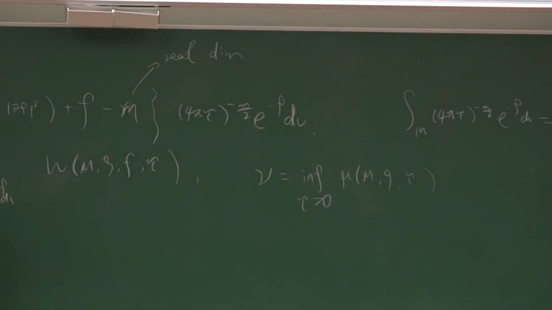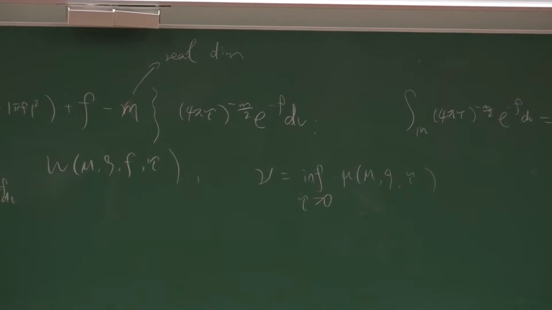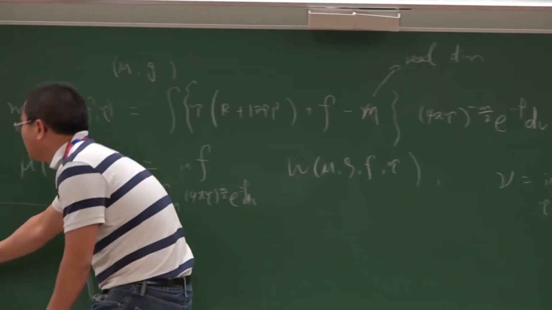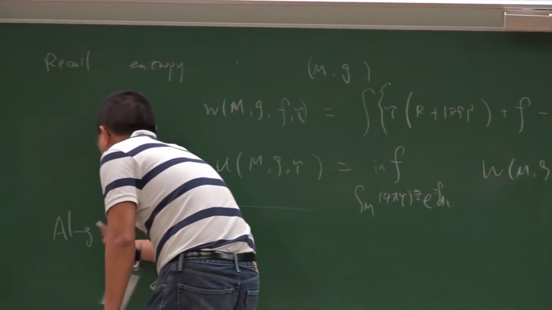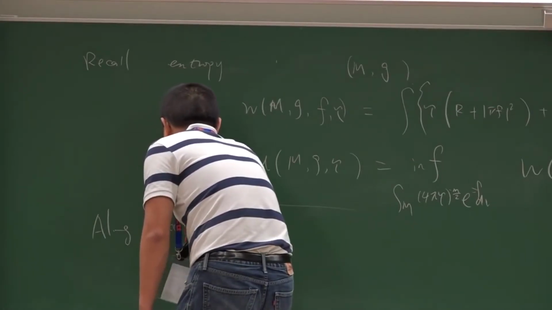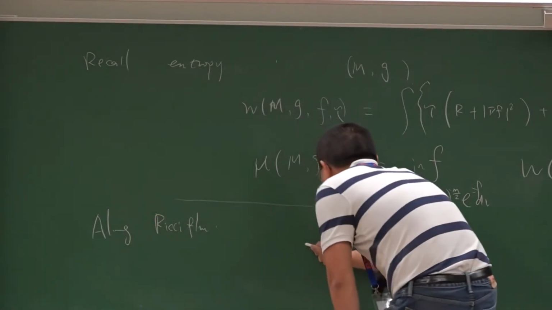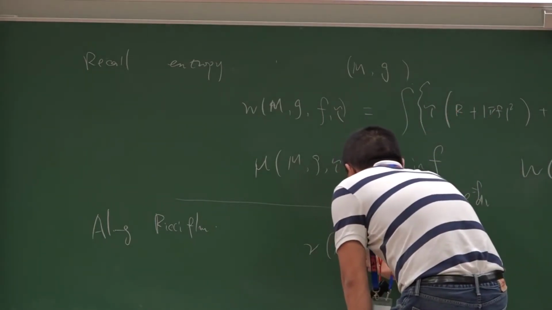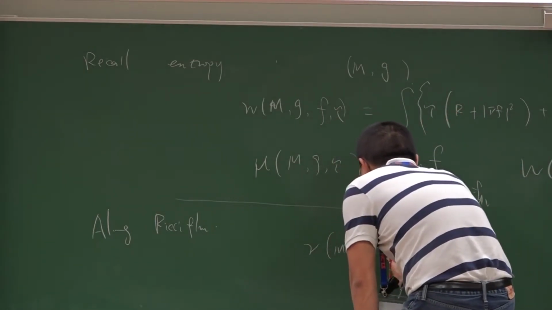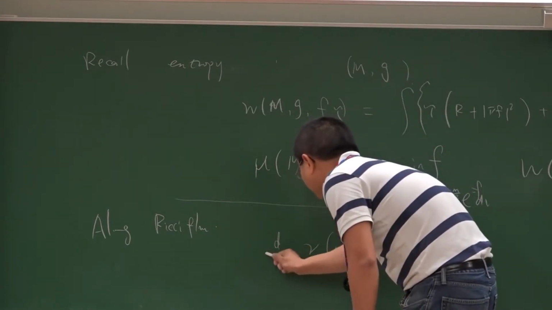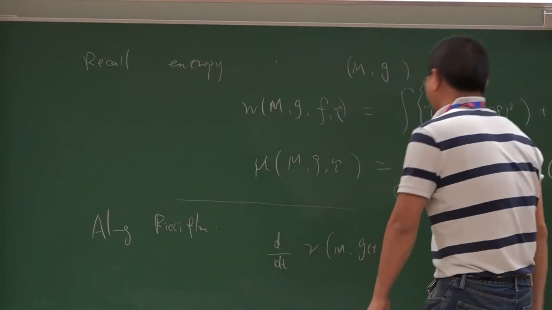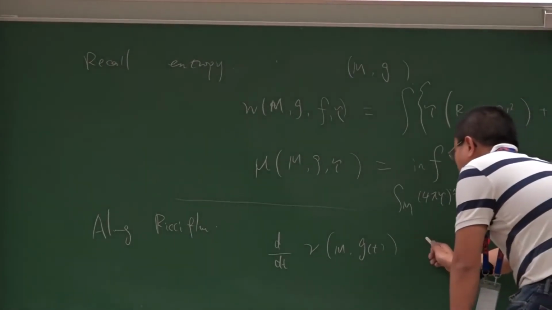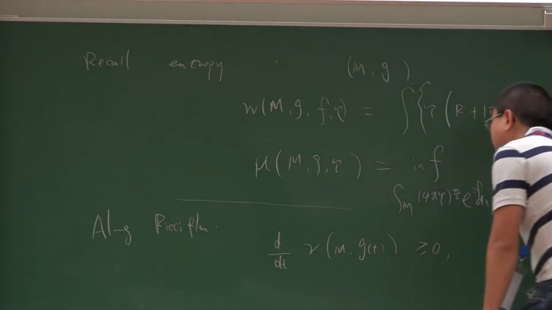Then Perelman's deep observation shows that along the Ricci flow, you consider this new functional of (M, g(t)).